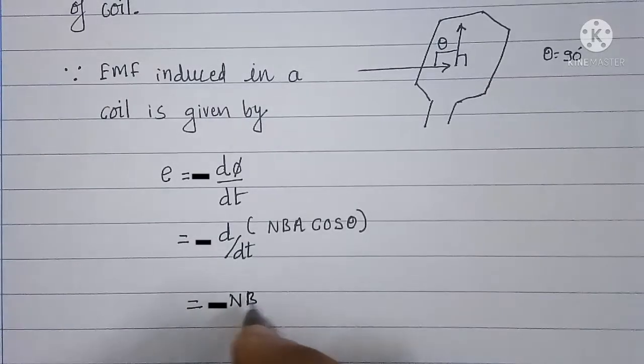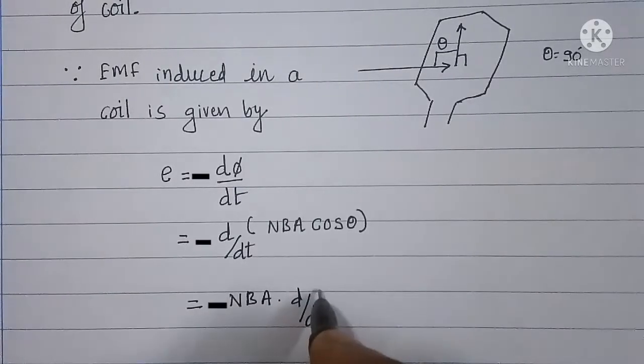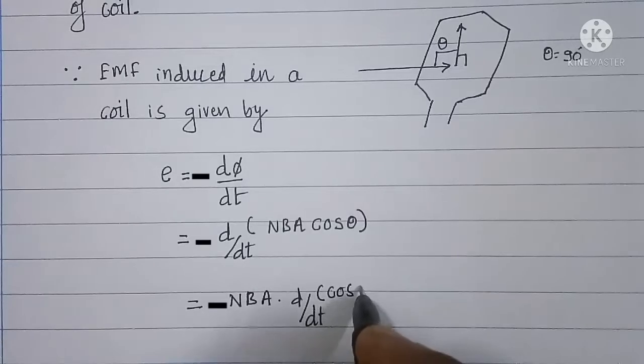We will substitute for theta here. NBA into d by dt of cos of omega t.